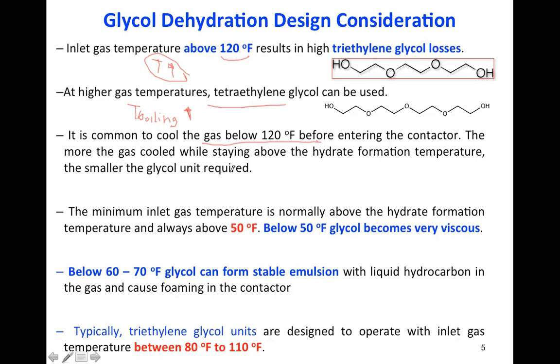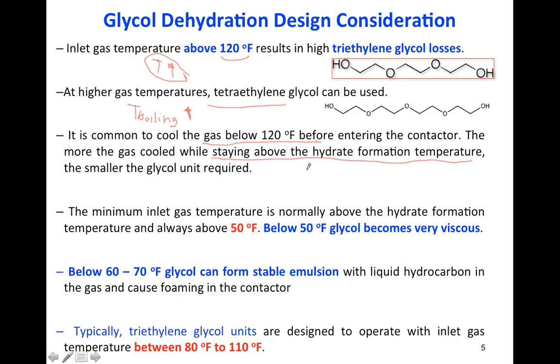And also we have to always stay above the hydrate formation temperature. Hydrate formation temperature is a low temperature at which we will have hydrates. Some of our water goes from gas to either liquid or even solid phase.